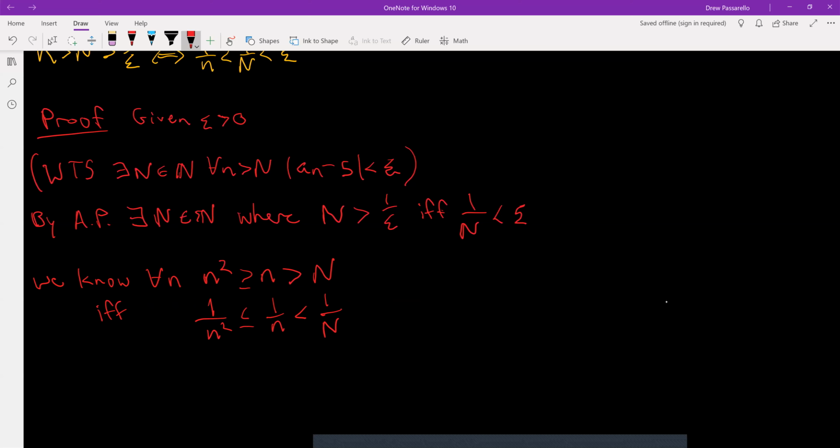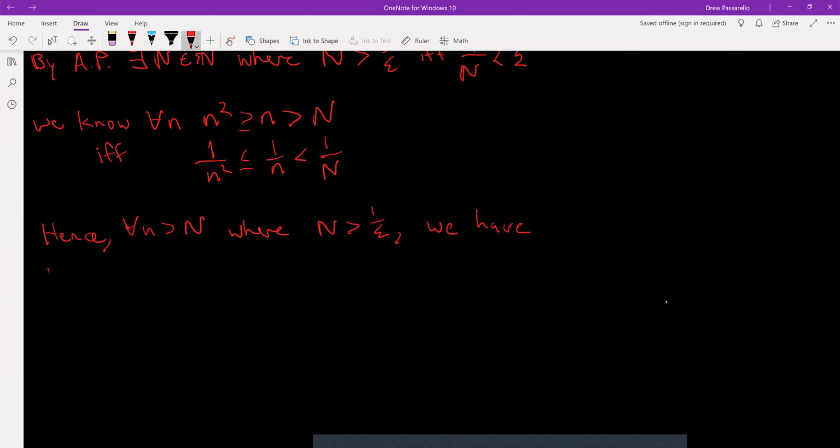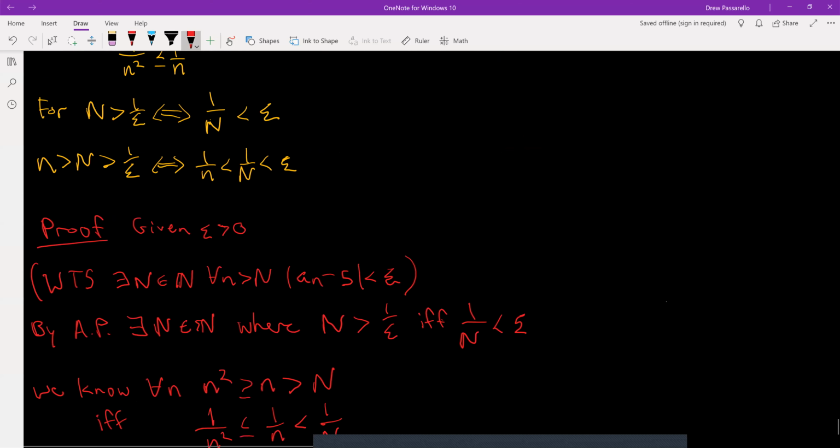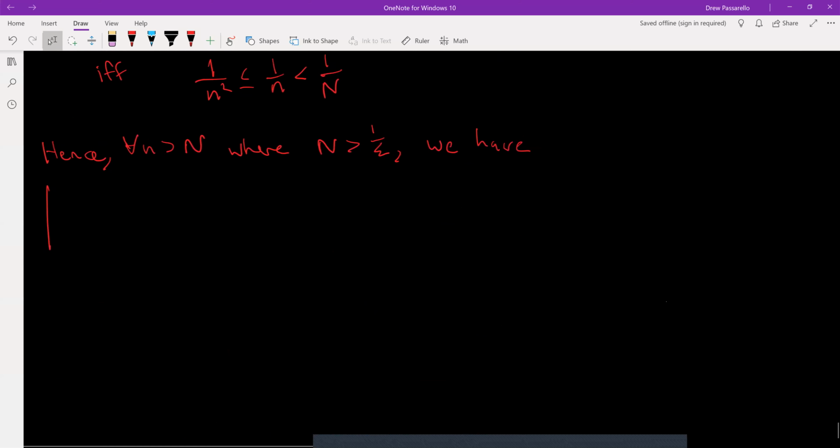All right, so hence, for all little n bigger than this particular capital N that we found, and I'll go ahead and write it, where capital N is greater than 1 over epsilon, we have, now we write down our absolute value, and our sequence was 5 minus 1 over n squared.